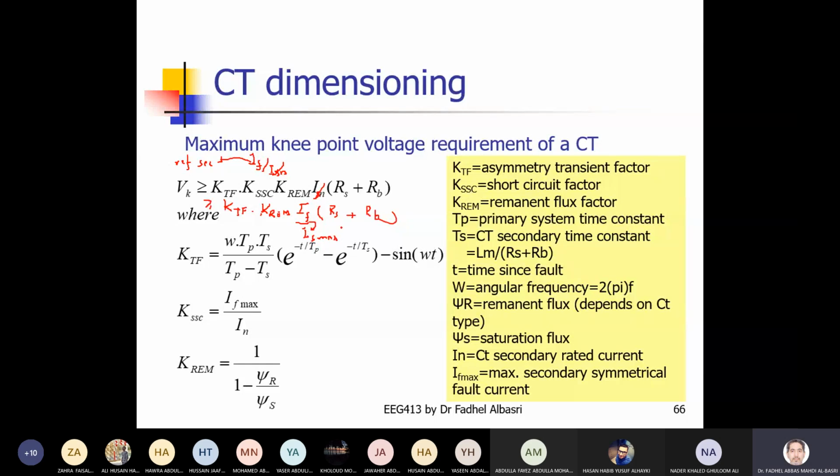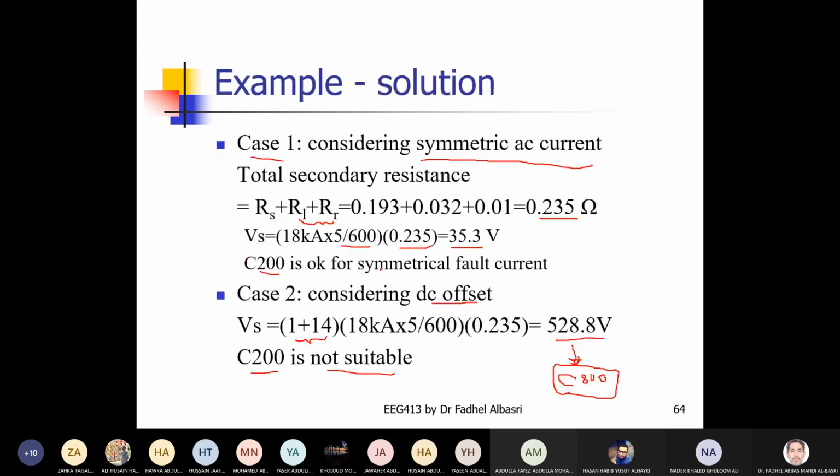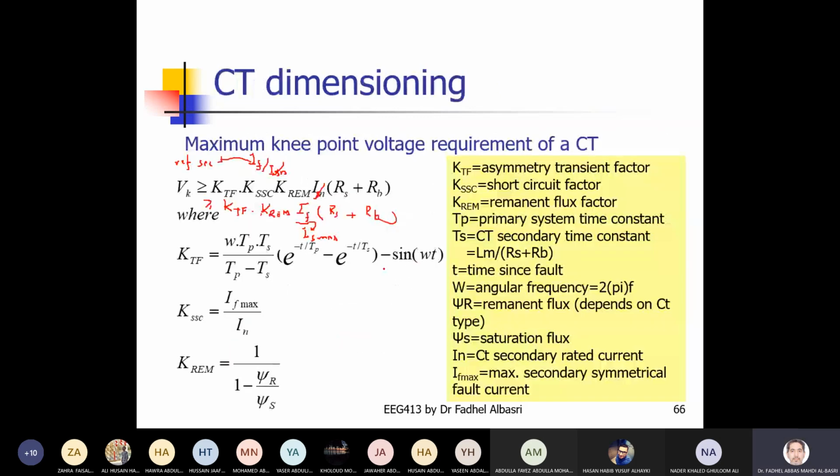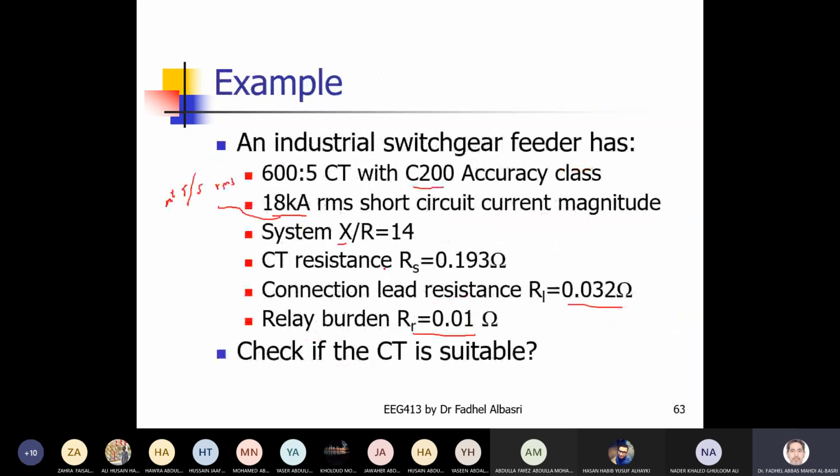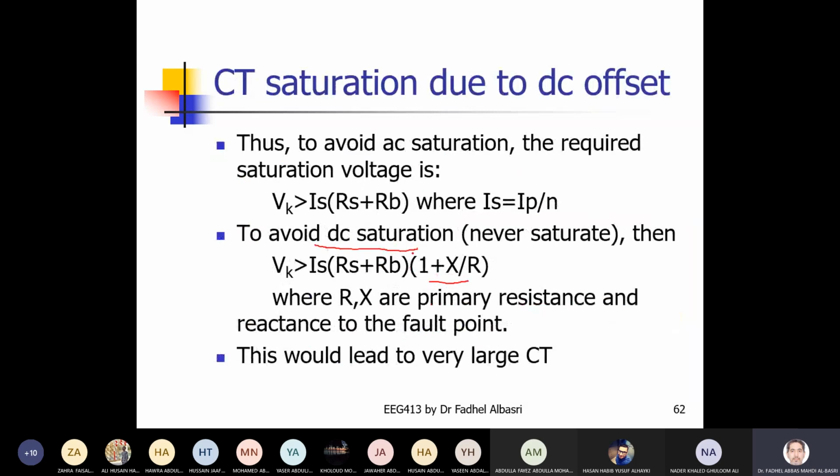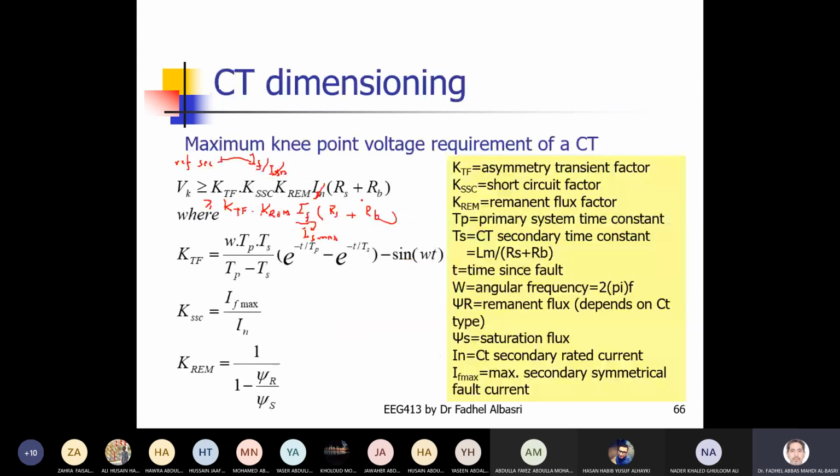So this is the same as this equation, except here we call this factor in general. At steady state, we call this factor K transient factor. So this is IS and this is RS plus R burden. So this is RS plus RB times IS secondary, times K transient factor, which takes into account the DC effect of the current, the DC component.